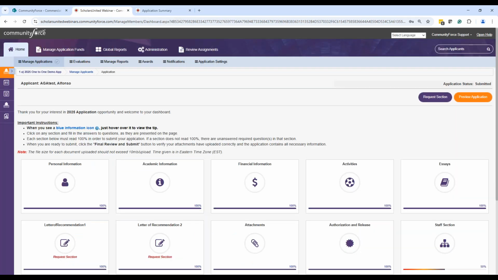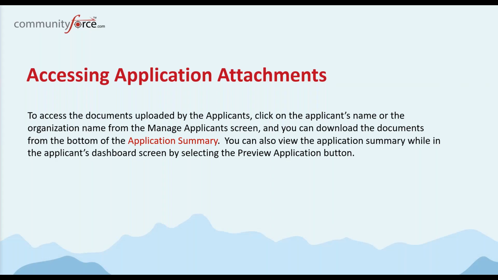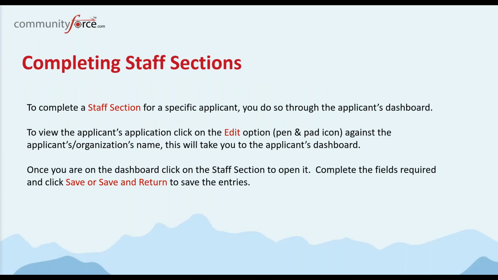The other thing I want to address, since we're here on this screen, is if you have staff sections. Those staff sections are sections that you've created for your internal staff to complete. They are only seen by the administrators of the site. You have to be an administrator and have access to Manage Applicants to be able to see the dashboard, and if you can see the dashboard as an administrator, you can see staff sections.